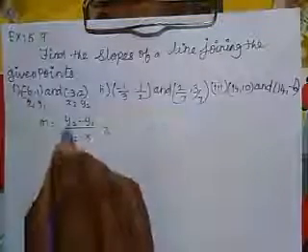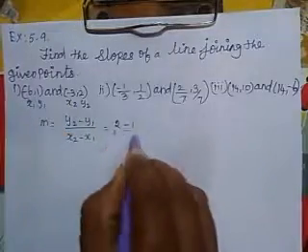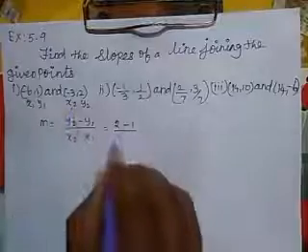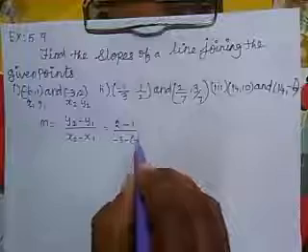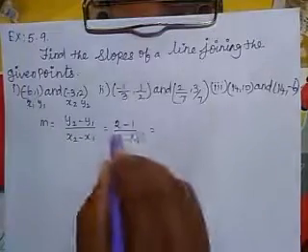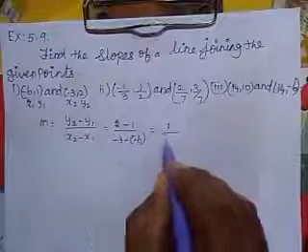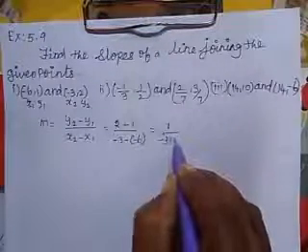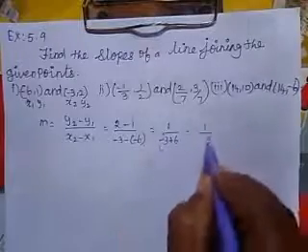Here y2 is 2, y1 is 1. So 2 minus 1 by x2 is minus 3 minus x1 which is minus 6, so minus of minus 6. 2 minus 1 is 1. Minus 3 minus of minus 6 is plus 6, so minus 3 plus 6. So 1 by 6 minus 3 is 3.